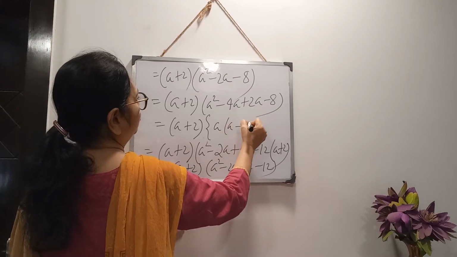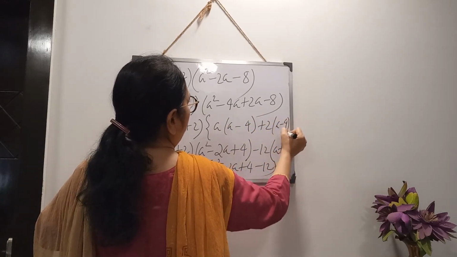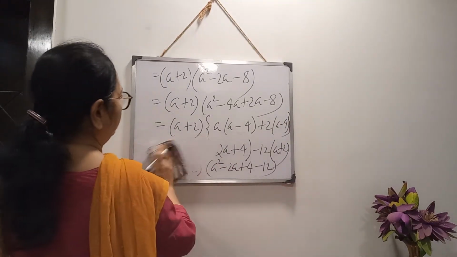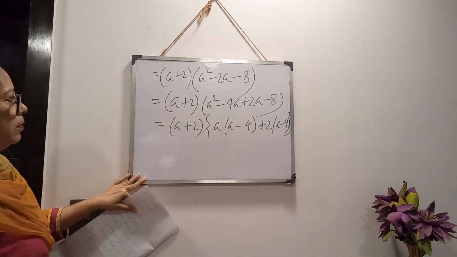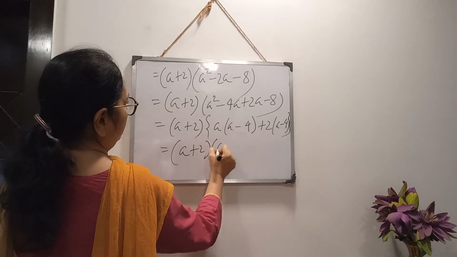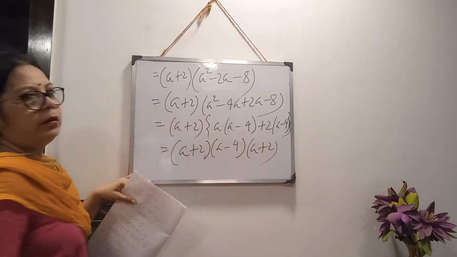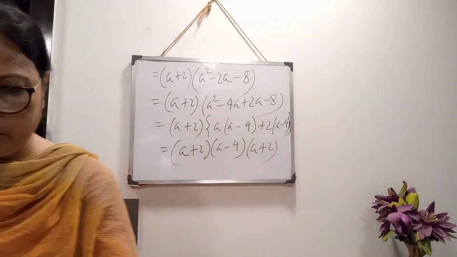If you will not show that middle term, then you will not get full marks. You will not get all the factors. These are the factors. Clear? Now next one.